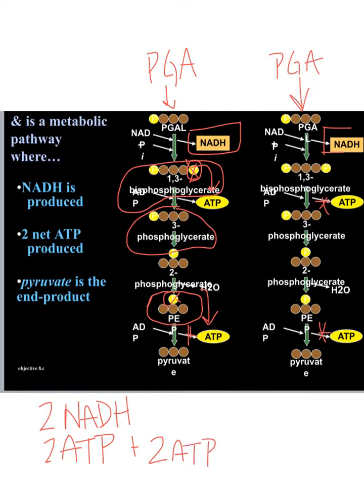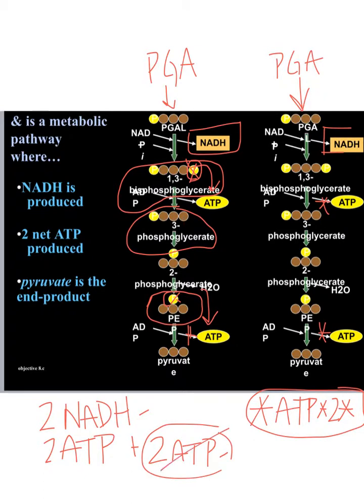So far in glycolysis, we have made 2 molecules of NADH and 4 molecules of ATP. But remember, we had to use 2 molecules of ATP to get this thing started in the last slide. So 2 of these cancel out. So this is what we used to start it.